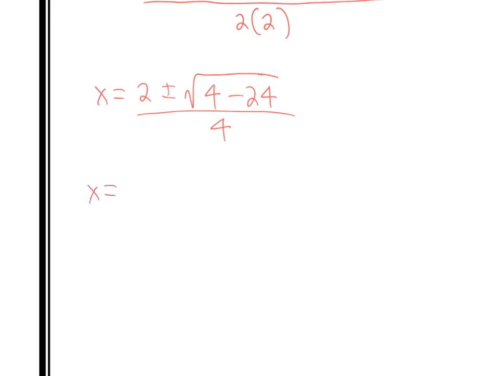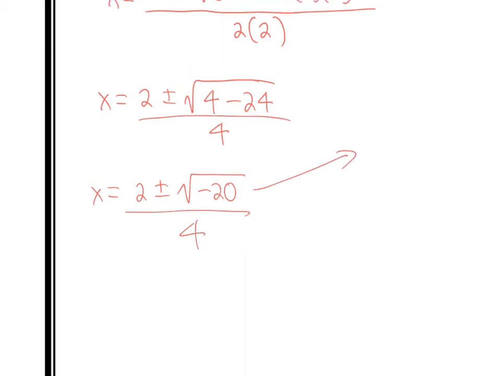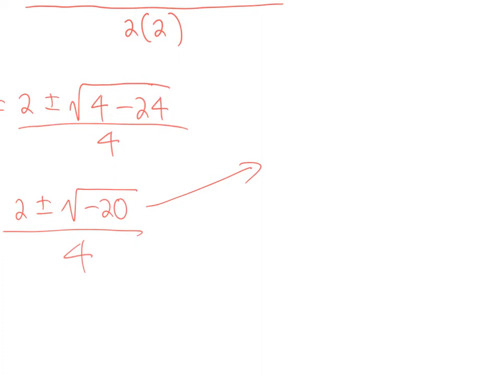So x is going to be equal to 2 plus or minus the square root of -20 divided by 4. Now we're going to take the square root of -20 and simplify it over here because we need to. Remember, any square root of a negative number, we split into the square root of 20 and the square root of -1.